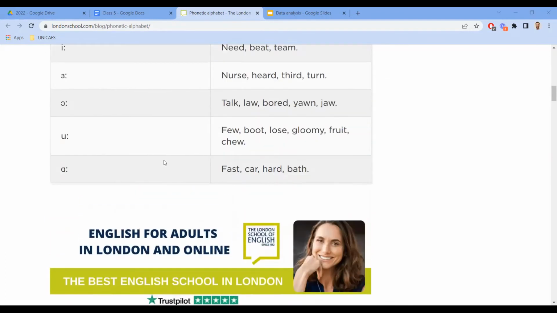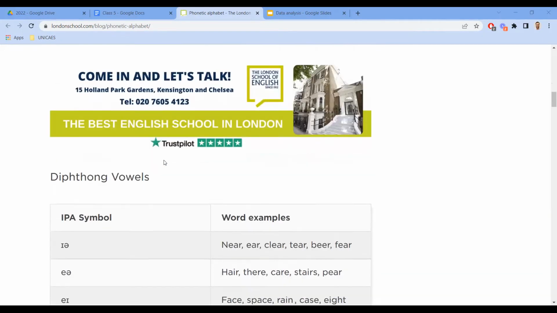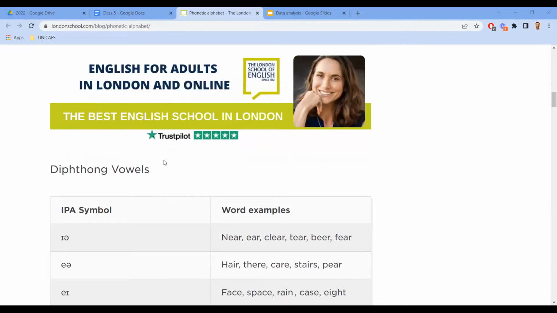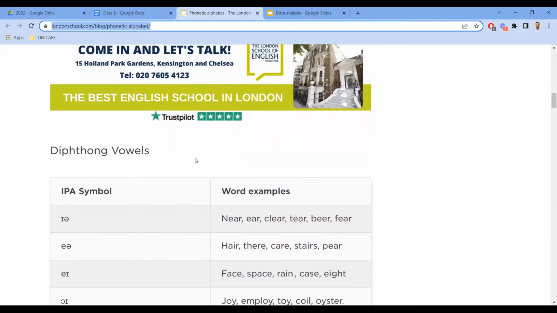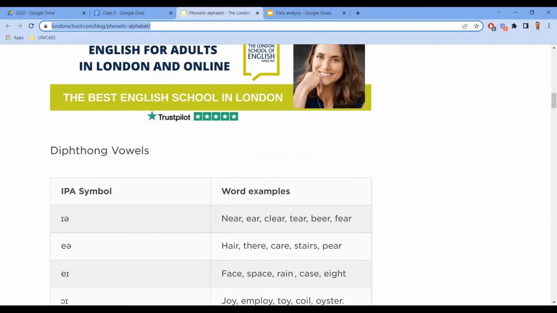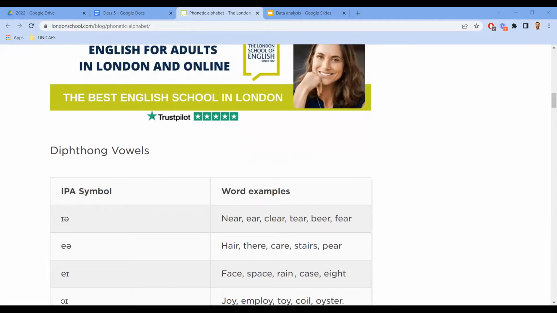So then after you start learning about the IPA, my suggestion, as they suggest over here on the website, is to study the diphthongs, right? I'm going to share the website with you in the chat box, so you can take a look at it too.